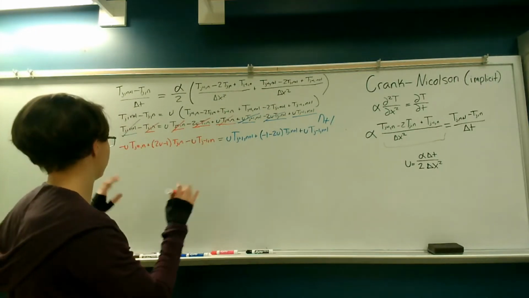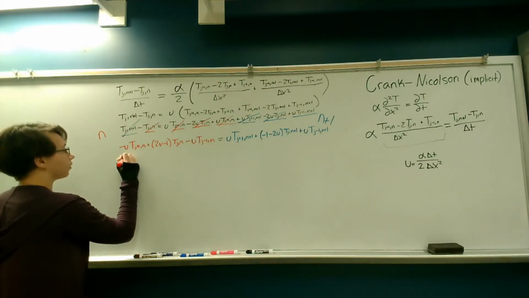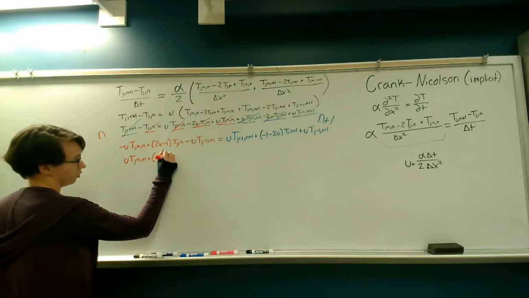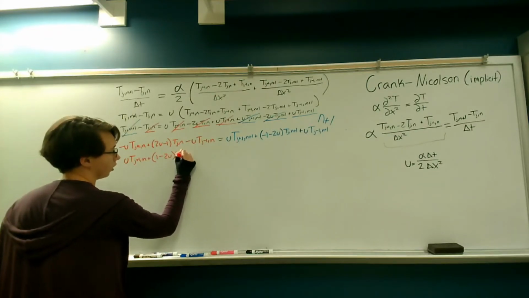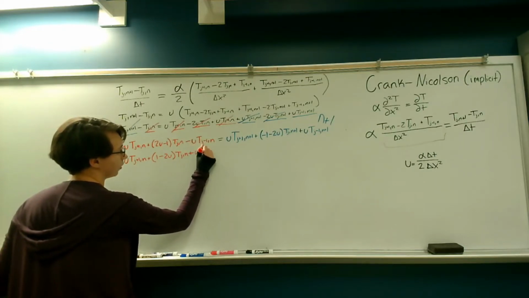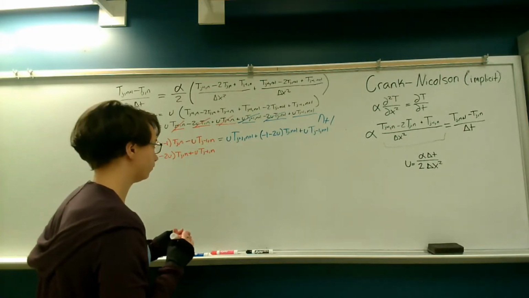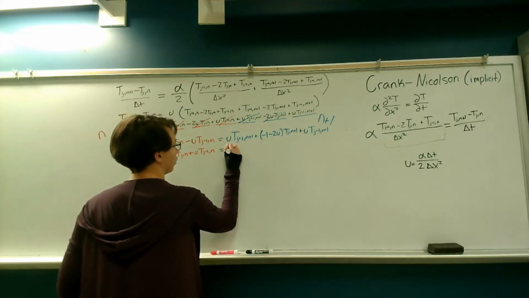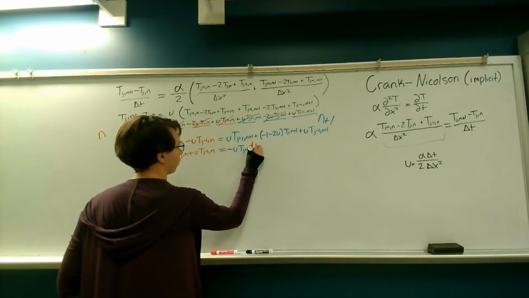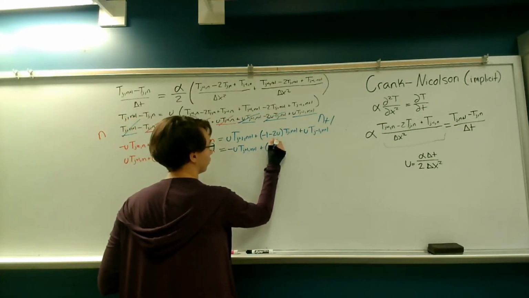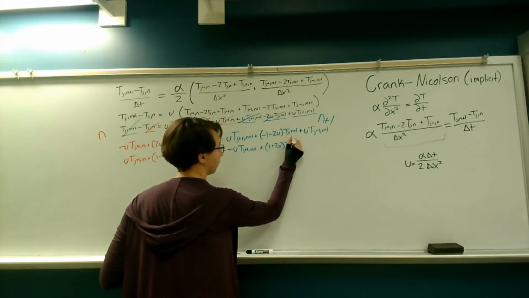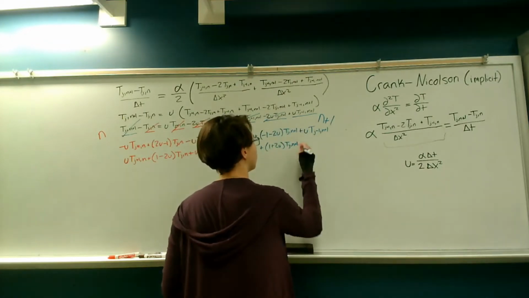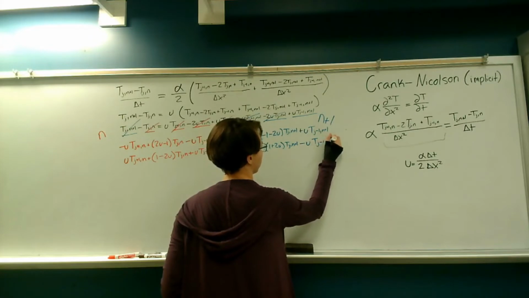So we're just going to multiply both sides by negative 1, so that way we get u at t, j plus 1, n plus 1, minus 1 minus 2u, because the negative will flip that, at t, j, n, plus u at t, j minus 1, n, and then equals negative u at t, j plus 1, n plus 1, plus 1 plus 2u t j n plus 1, but minus u t j minus 1 n plus 1.